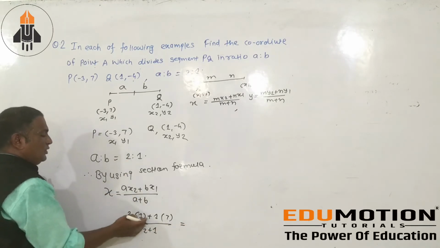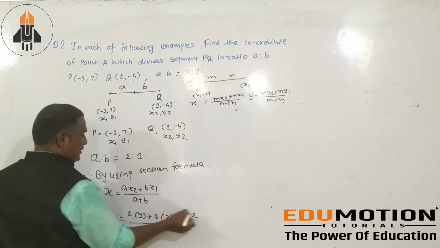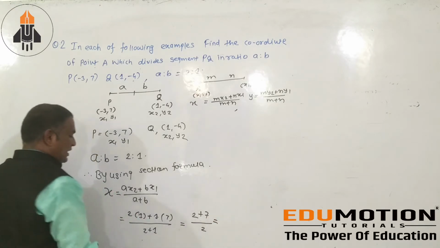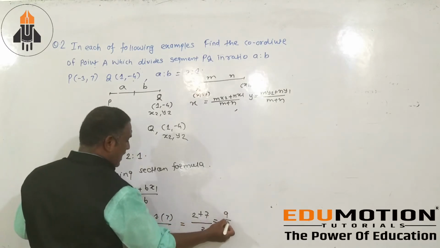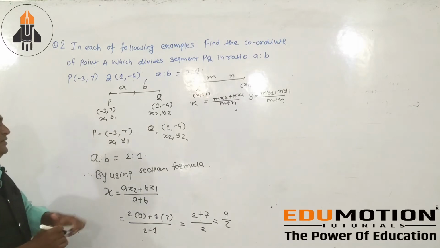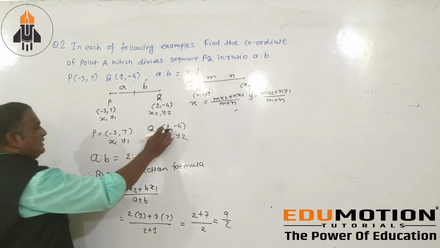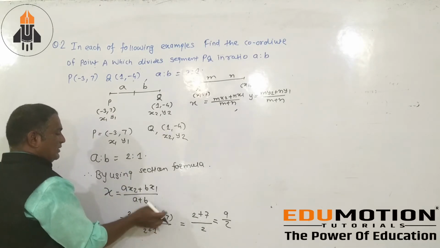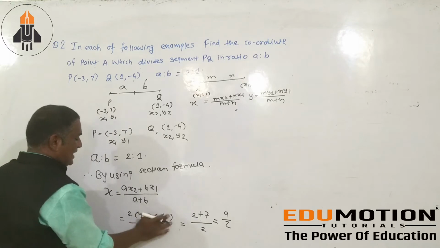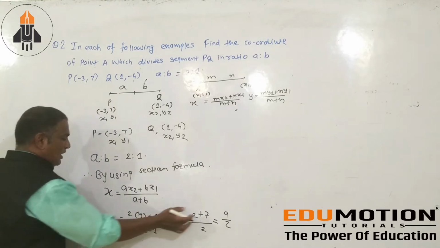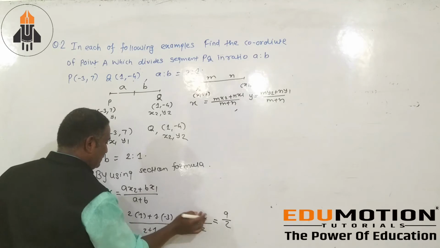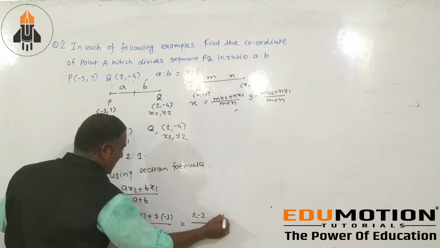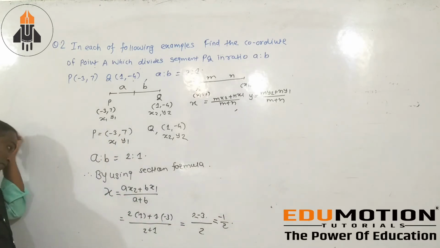That equals 2 into 1 is 2, 1 into minus 3 is minus 3, divided by 3. Then 2 minus 3 we get minus 1 by 3. The first coordinate is minus 1 by 3.